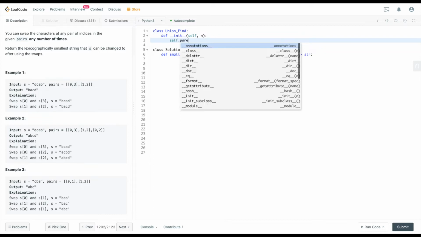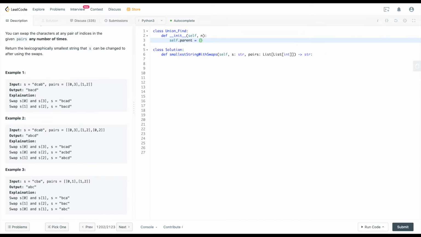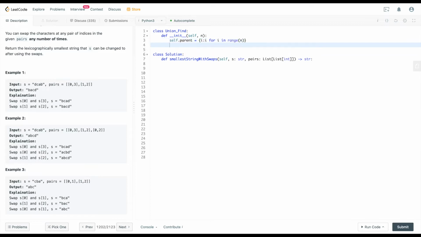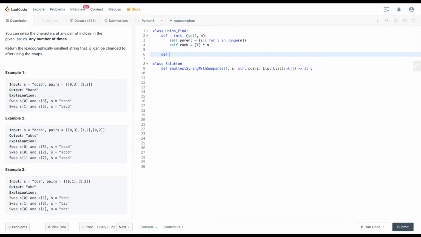So self.parent equals i, assigning each node to itself the first time, so for i in range(n), and then self.rank equals [0] times n. Now I'm gonna write the find function. It's gonna take a node.